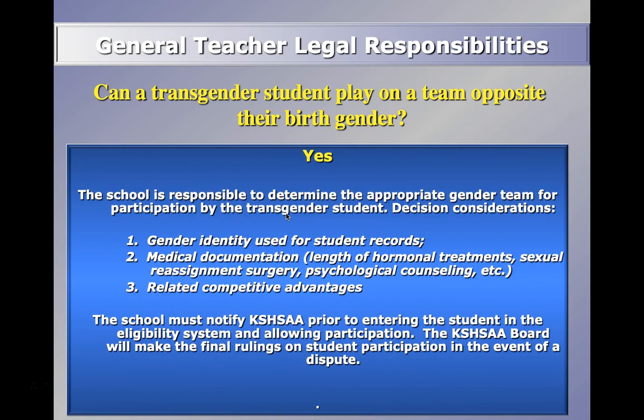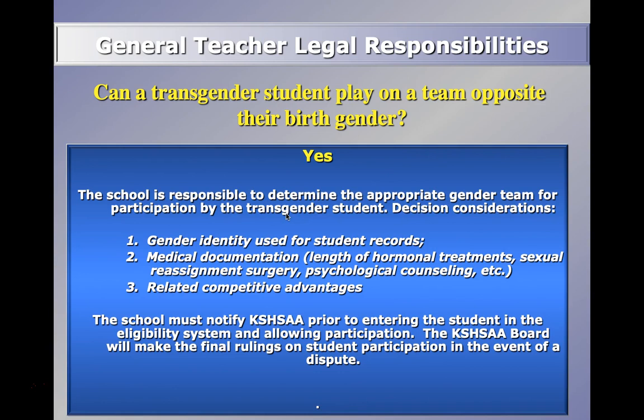The school is responsible for determining the appropriate gender team for the participation of the transgender student, and in the State Board of Education's decision, they gave some considerations to follow: the gender identity used for the student records, the medical documentation such as the length of the hormonal treatments, the sexual reassignment surgery, the psychological counseling they've gotten, how far along they are on that, and the related competitive advantage.